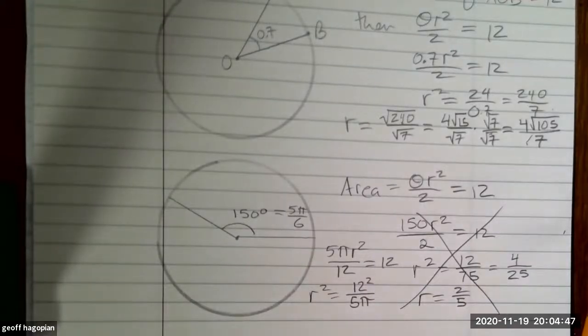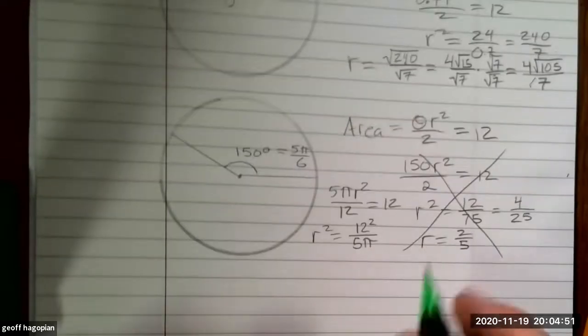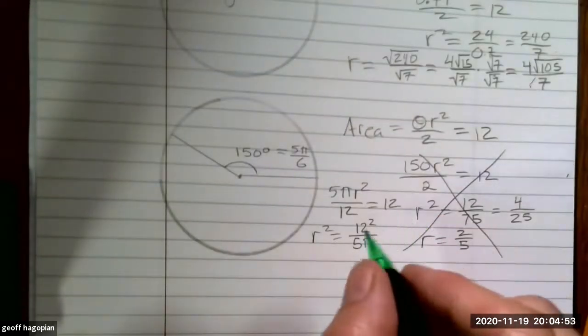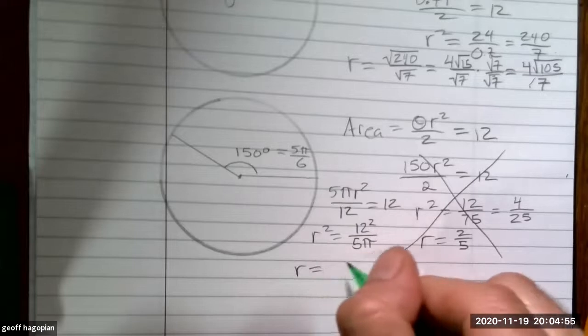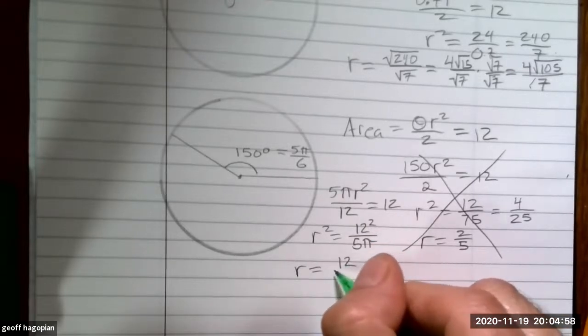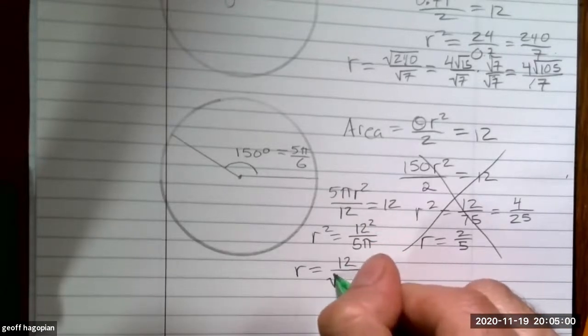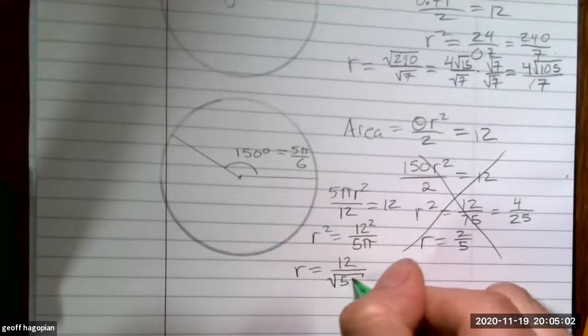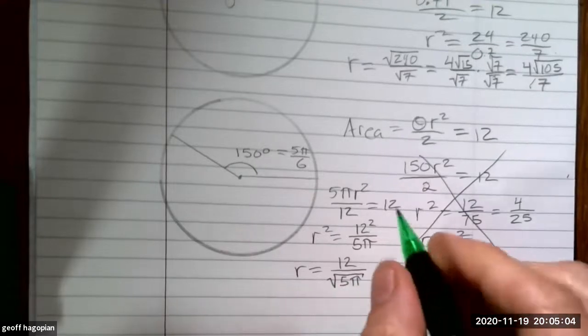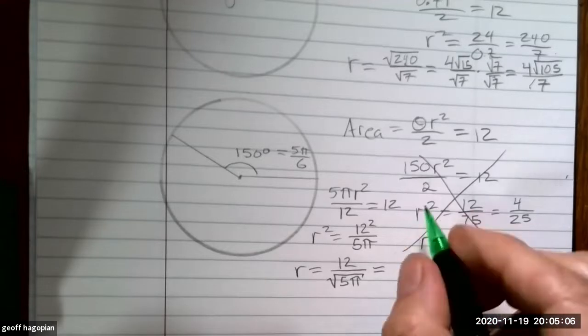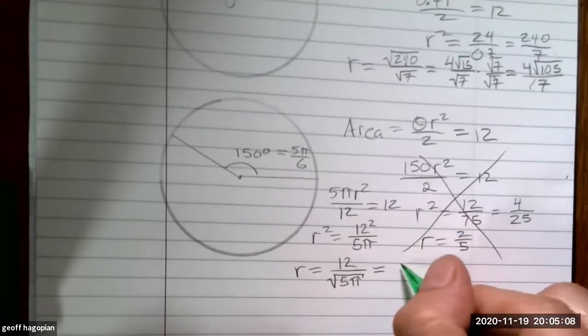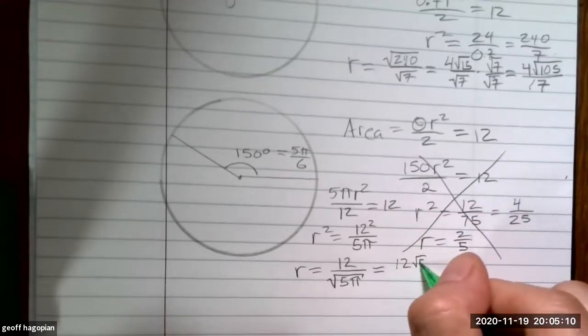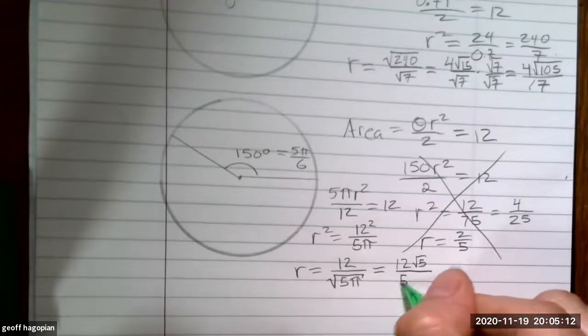Yeah, and I think that's a lot bigger than 2/5. So when we go to take the square root, we'll get 12 divided by the square root of 5 pi, which we can rationalize the 5, but we can't rationalize the root pi. So we can say this is 12 root 5 over 5 root pi.